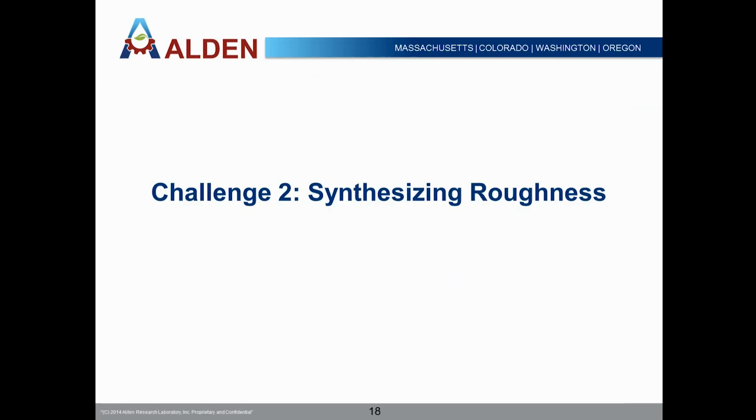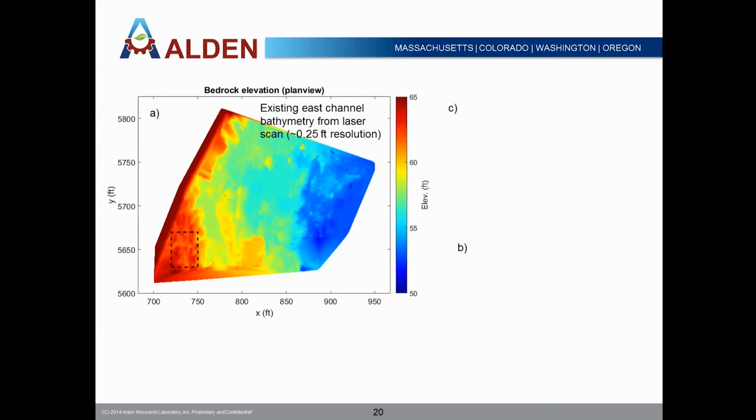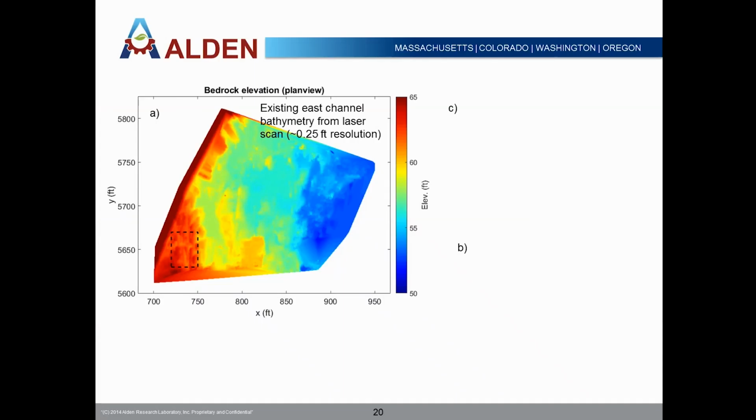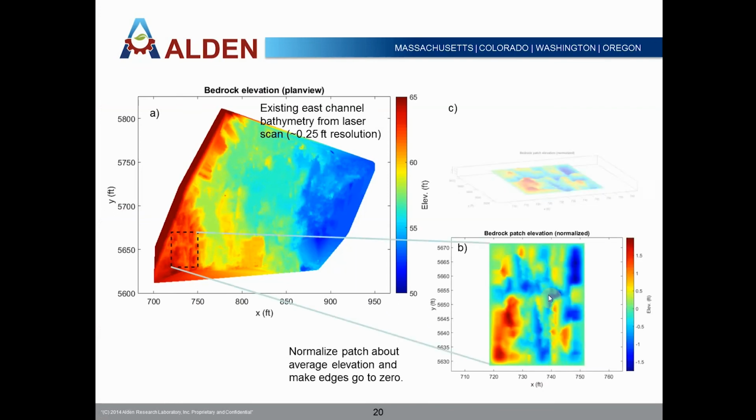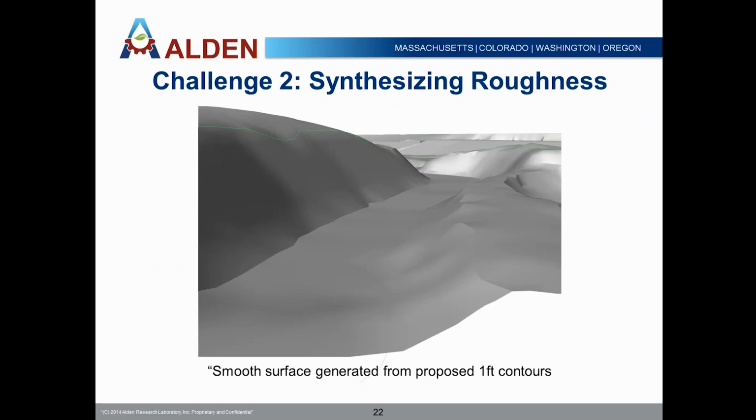So how do we synthesize that roughness? What do we think this bedrock's going to break up like? We can see it's pretty variable, and we want that as part of the design. Well, we had a laser scan image of this bedrock here that we then sampled, and we normalized those elevations about 0 to get our kind of representative patch of roughness here. We then took that patch of roughness, tessellated it so that we'd have a texture to drape over our proposed surface for modeling.